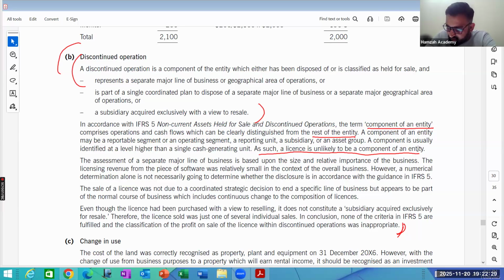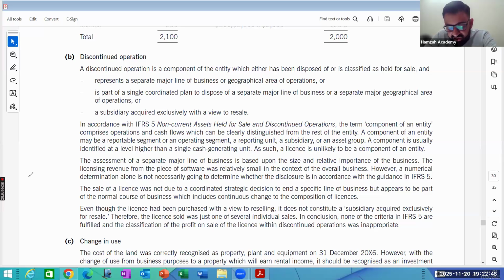In conclusion, none of the criteria in IFRS 5 are fulfilled, and the classification of the profit on the sale of the license within discontinued operations was inappropriate. So, as we discussed, we conclude that no, it should not be treated as a discontinued operation because it's not a component, it's an asset.